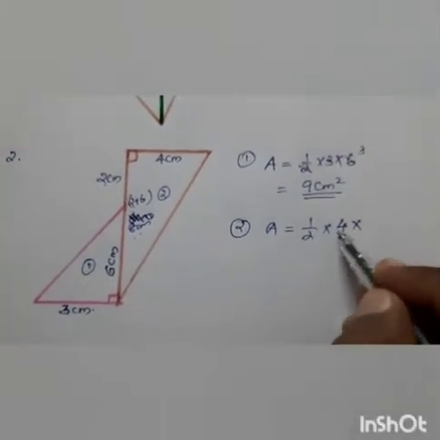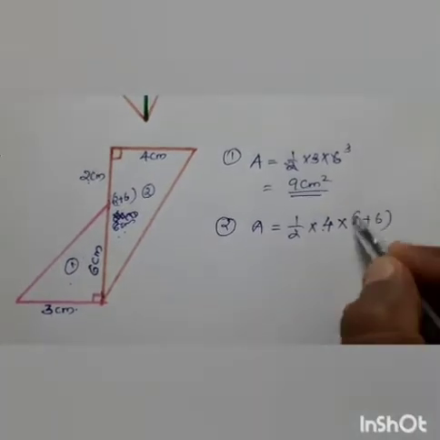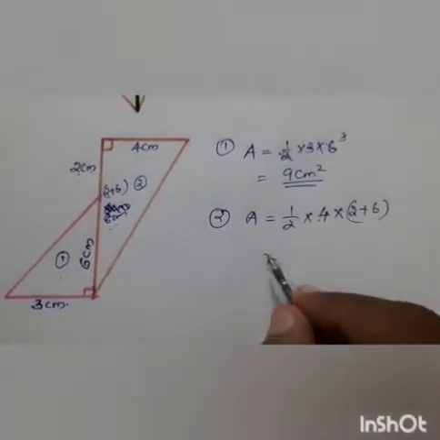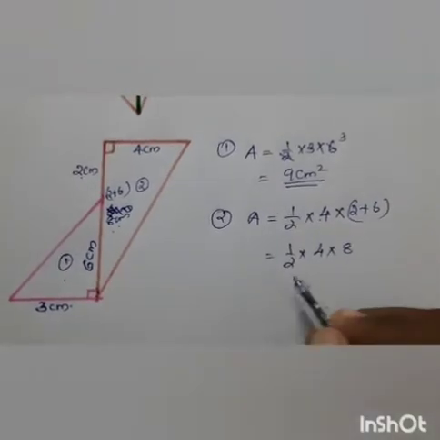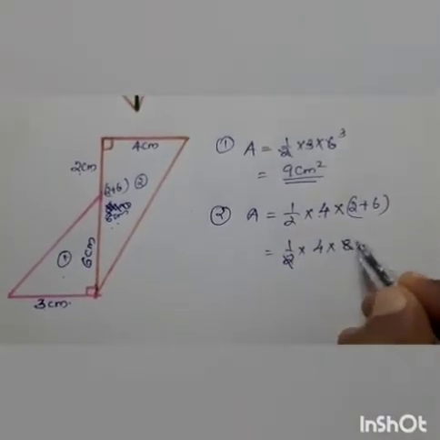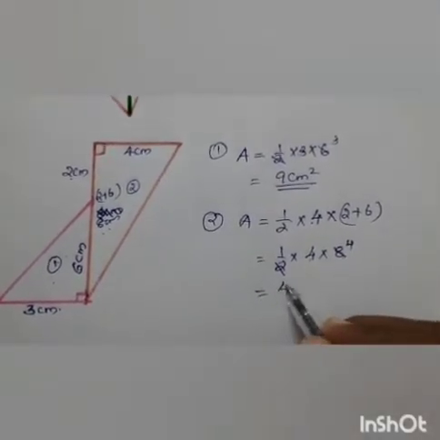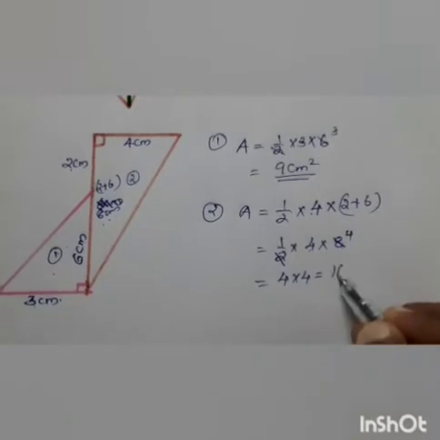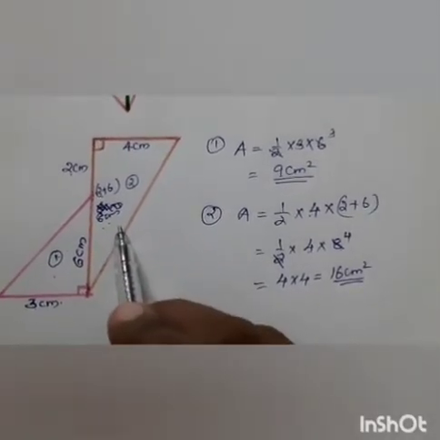So half into 4 into 8. Half of 8 is 4, so 4 into 4, 16 centimeter square is the area of the second triangle.